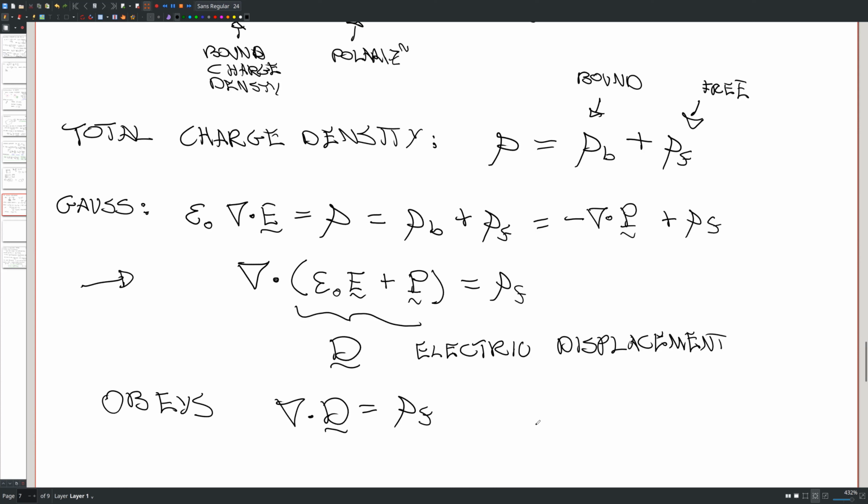In particular, if I was to turn this into an integral form, that would work directly. I could just do an integral, use the divergence theorem, turn that into a surface integral. So this thing would be Q free enclosed. Yeah, so this is the enclosed free charge.